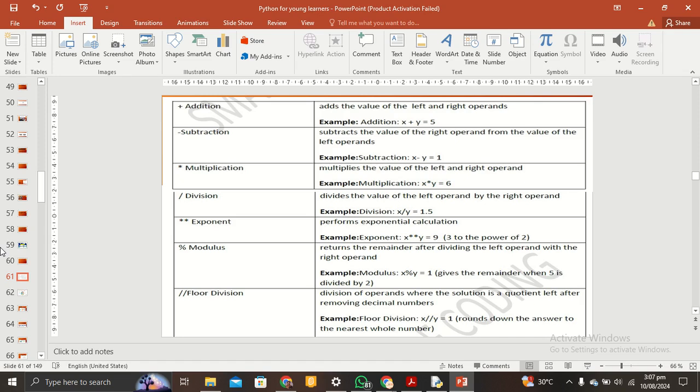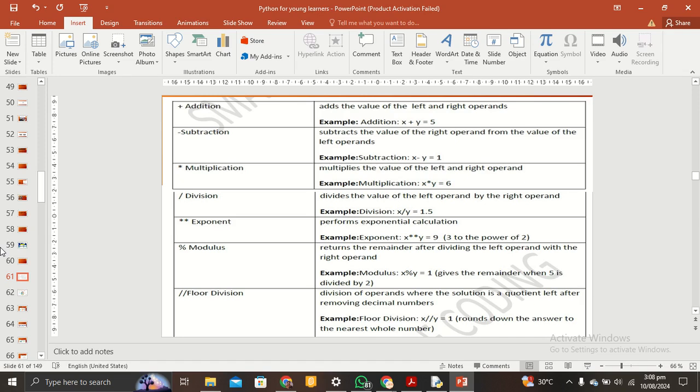Divide by 2. The first two, the second two. How many remainder do you have? 1. Right? Okay. If you use modulus, the modulus will tell you the remainder.